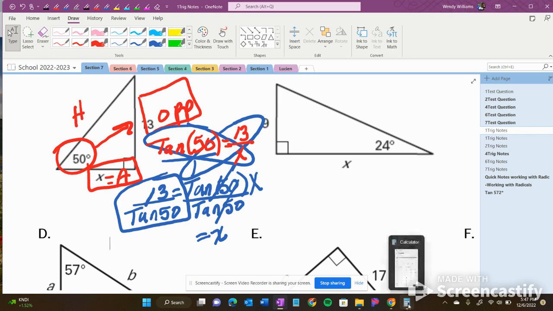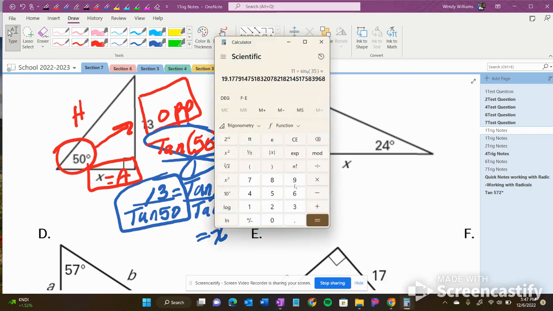Take your calculator. Be clear. 13 divided by, again, you put the 50 in first. We want the trigonometric function, which is tangent. That's tangent of 50 degrees, but that's not the answer until we hit the equal key. And we get 10.9.